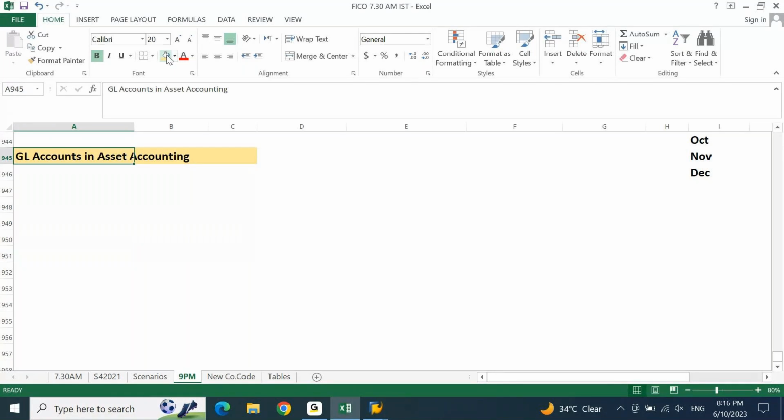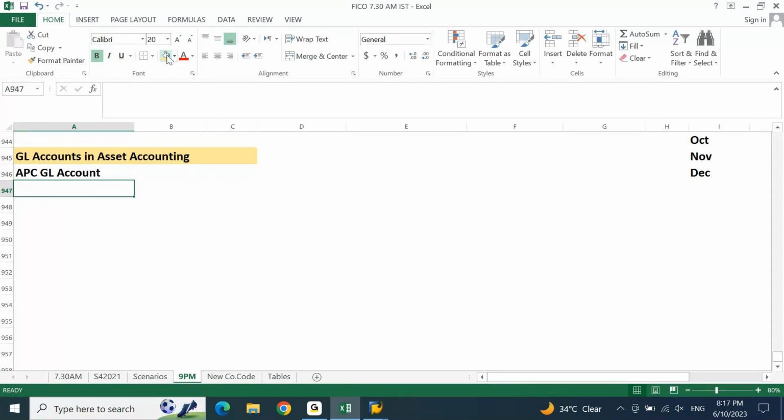First one that you require is the APC GL account. When you talk about the APC GL account, this is your asset main GL account. If you're talking about furniture, the furniture account will become your APC GL account. If you're talking about building, the building account will become your APC GL account. If you're talking about vehicles, vehicles will become your APC GL account.